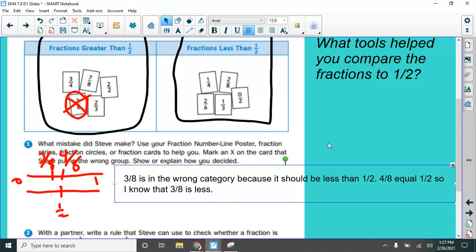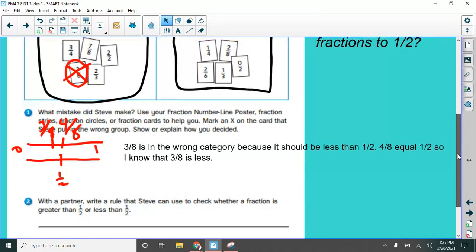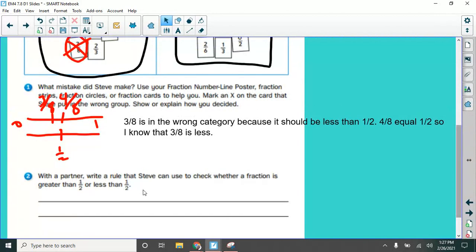All right, with a partner, write a rule that Steve could use to check whether a fraction is greater than 1/2 or less than 1/2. So what could he do if he is trying to put these in the right column? What's his rule? Okay, maybe he uses the number line poster, and some of you might have said a different rule, and that's fine.